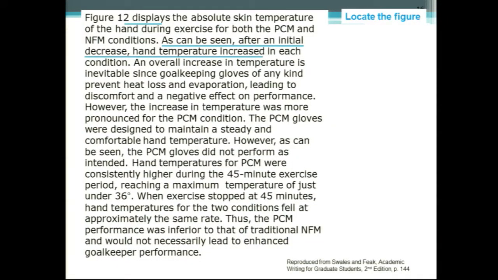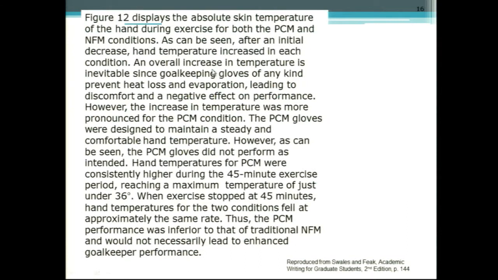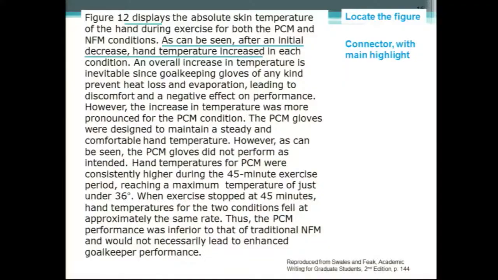First the temperatures go down, and then they both went up. "After an initial decrease, hand temperature increased in each condition." That's the main thing you can see from that figure, the main result. So I'm going to call that a connector with a main highlight. The connector was "as can be seen," and then the rest: hand temperature increased.